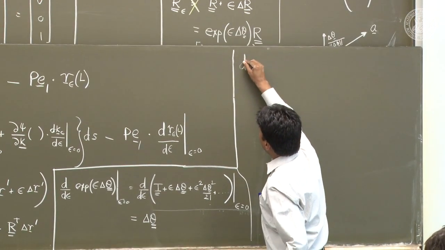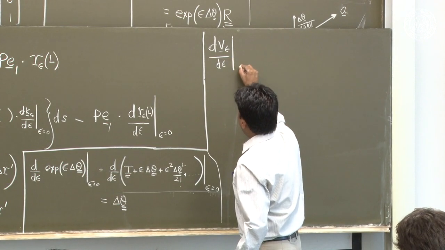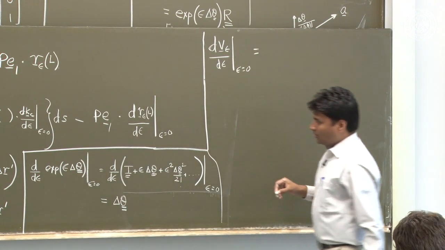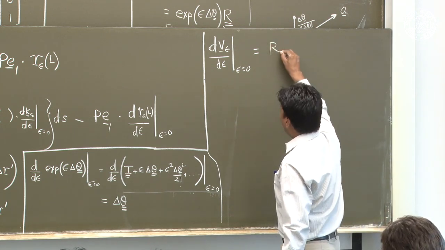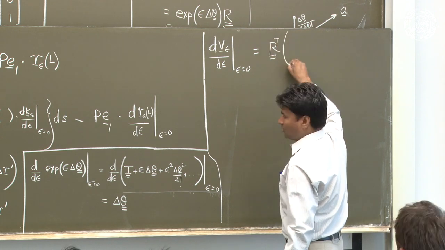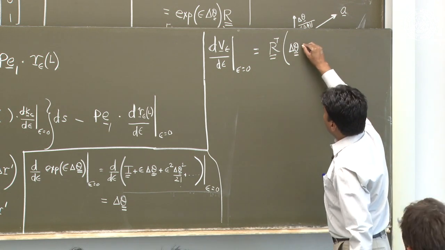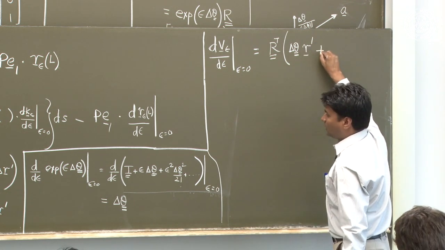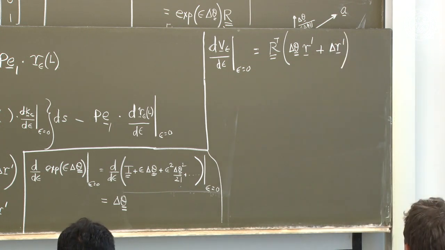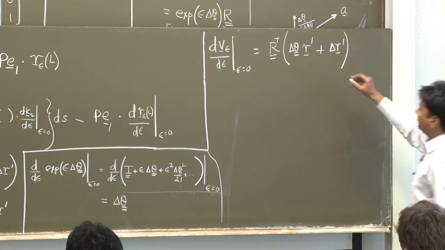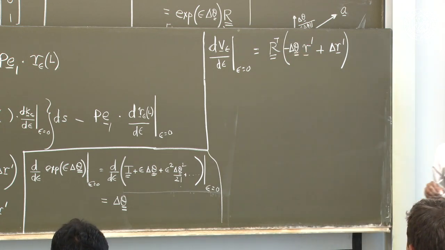So dV epsilon over d epsilon at epsilon equal to 0, that's simply R transpose of delta theta into R prime plus delta R prime, which is negative, because delta theta is skew symmetric.